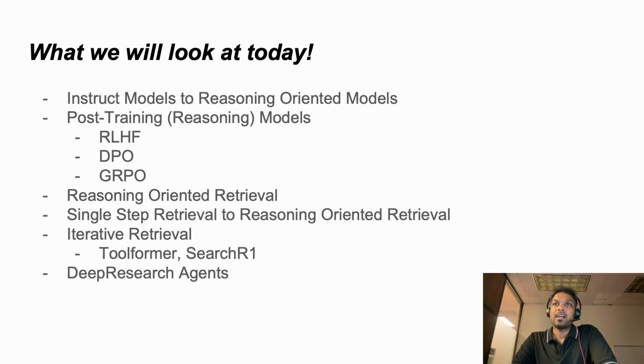So specifically, we'll cover three approaches: RLHF, its supervised alternative DPO, and GRPO, that is Group Relative Policy Optimization. Once that foundation is clear, we'll move into reasoning oriented retrieval, focusing in particular on systems like Search R1, and use that to understand how retrieval systems evolve from a single step retrieval towards reasoning oriented search systems and deep research systems.